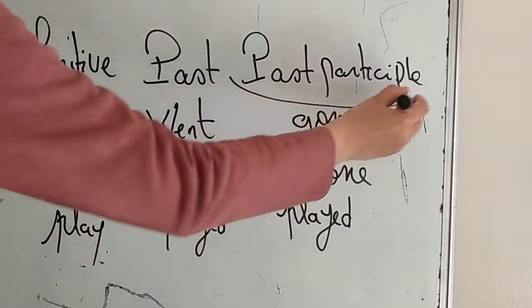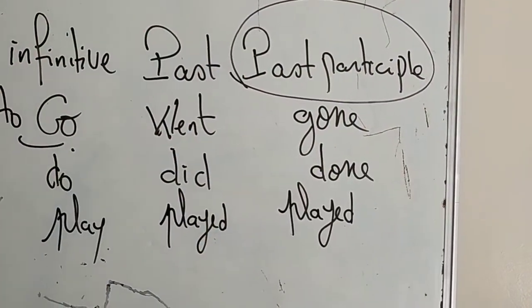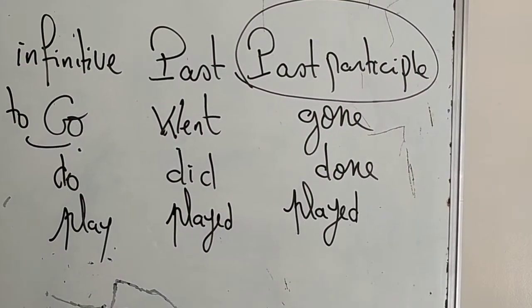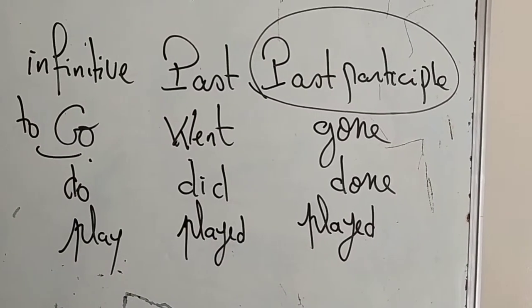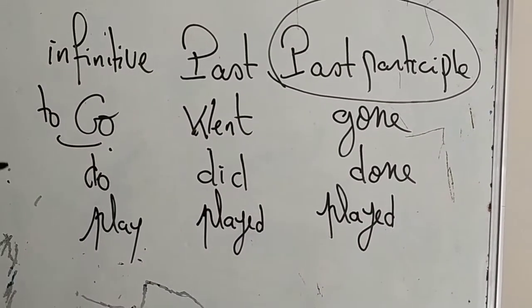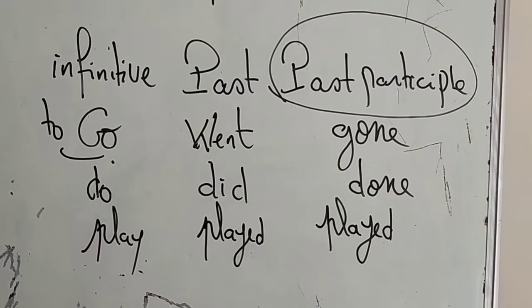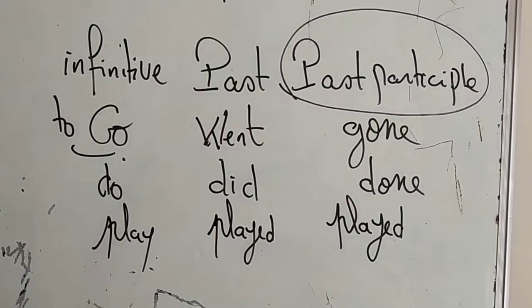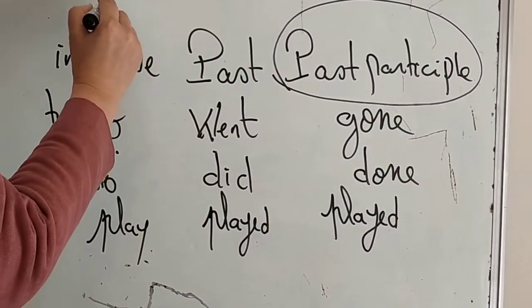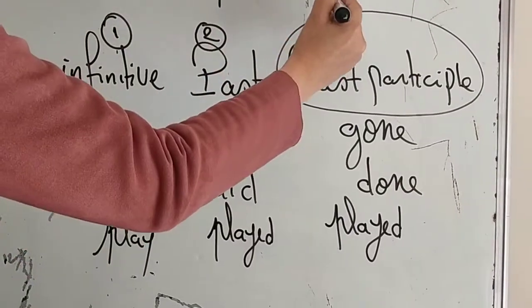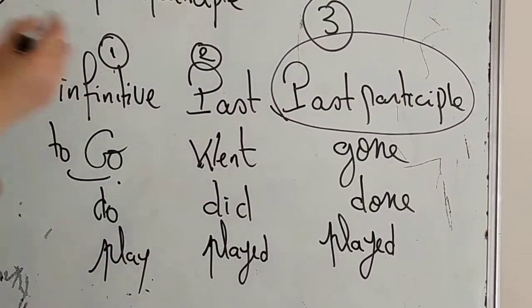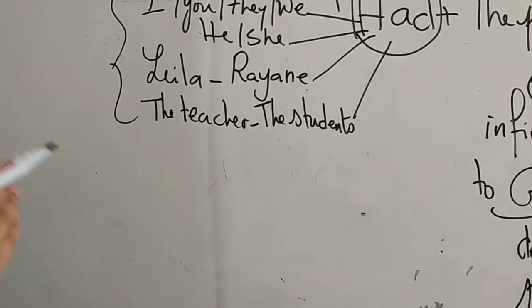So the past participle should be memorized. There is no other way to get it except by memorizing it. Okay, so this is the first form, this is the second, and this is the third. Now let's go back to the form.